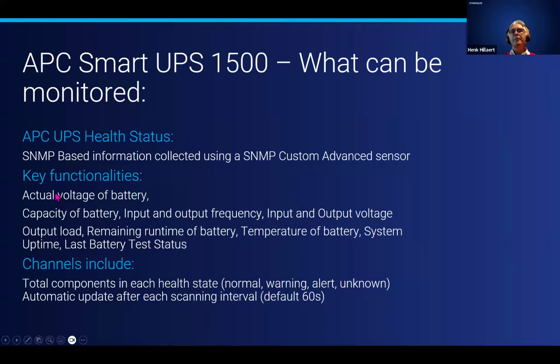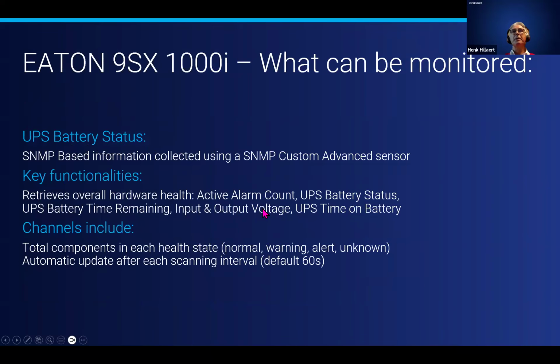So here is what can be monitored: the complete UPS health status. Here is one of Eaton. Also here we have a battery status and similar functionality that the sensor offers.